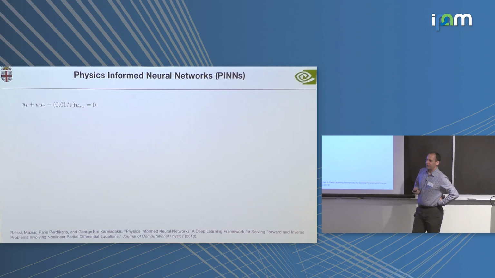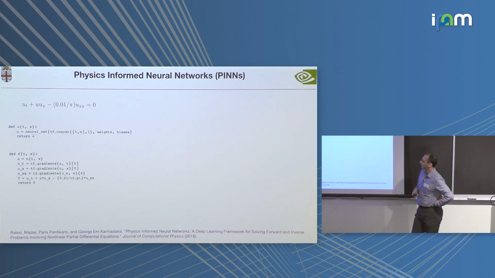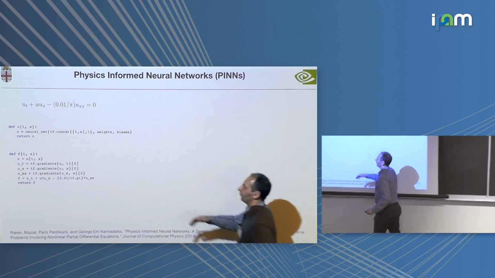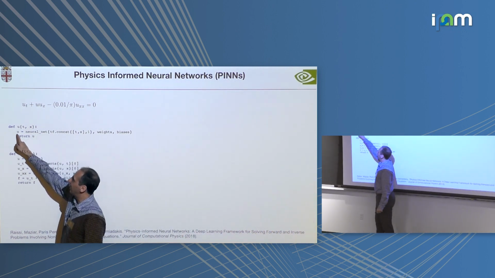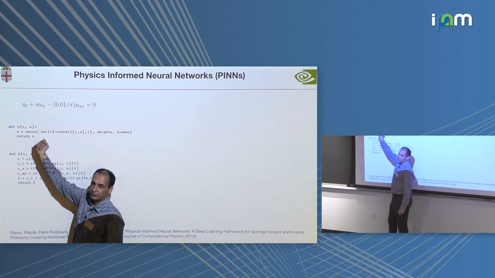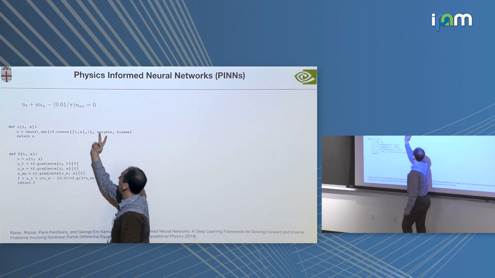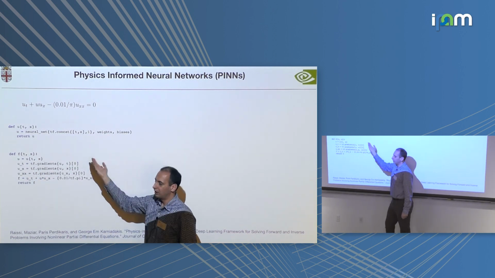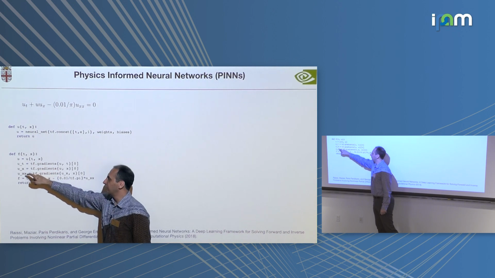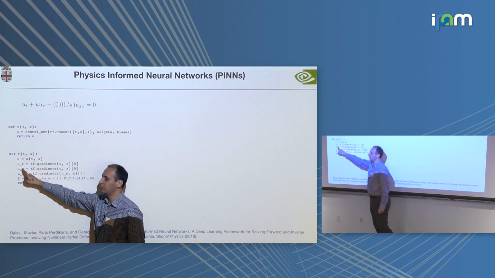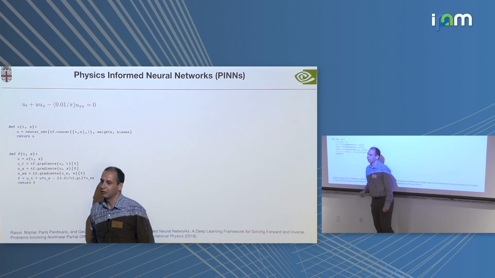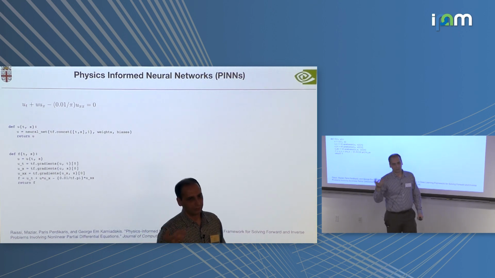Let's physics inform neural networks. We are going to approximate our function with a neural network. It has a bunch of weights and biases, and we use automatic differentiation to take derivatives with respect to time, x, xx, and you get your residual.